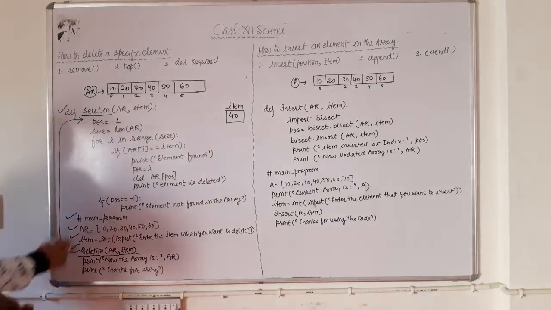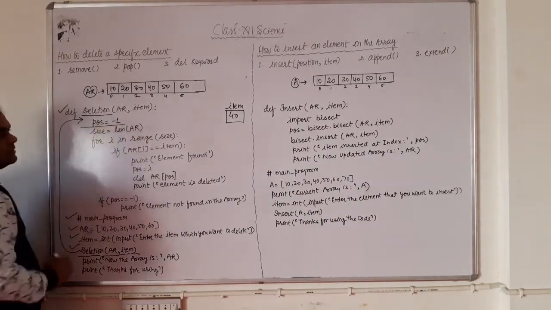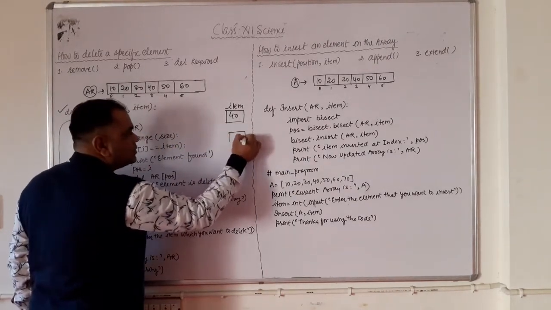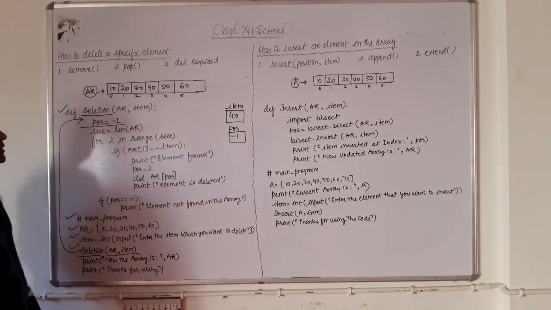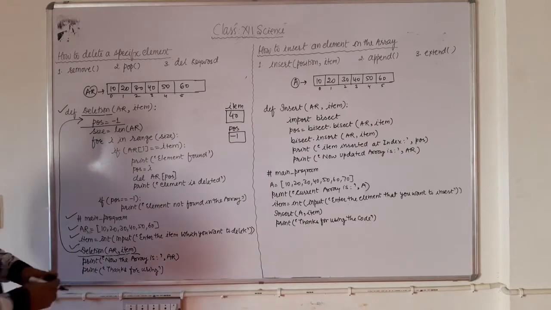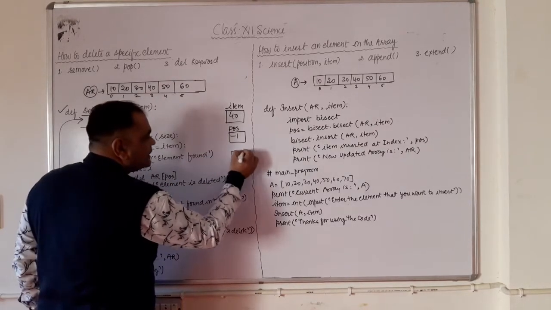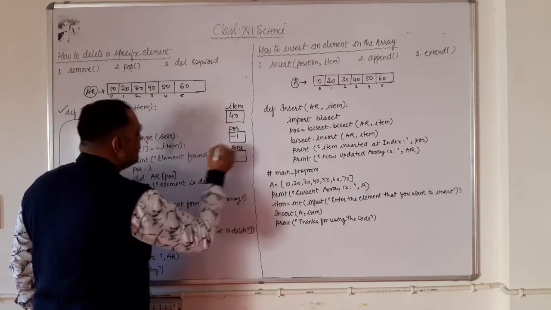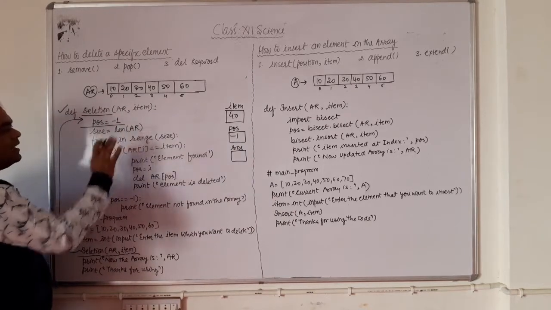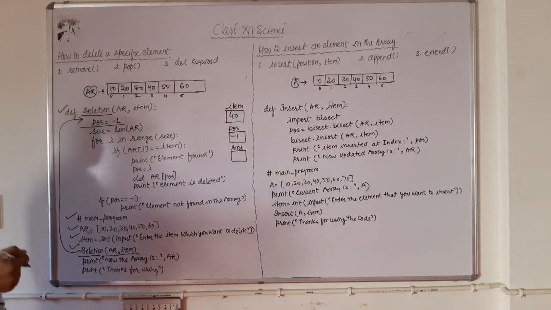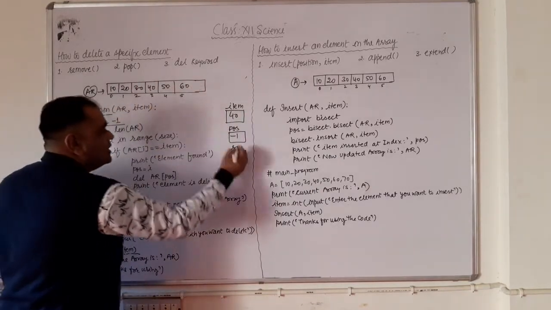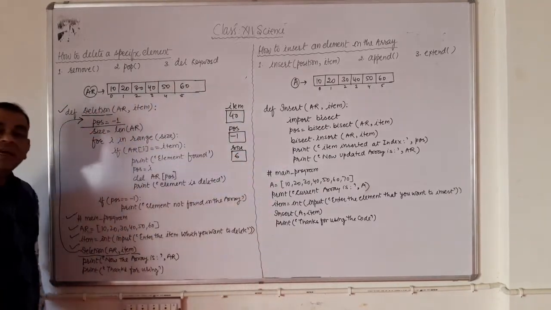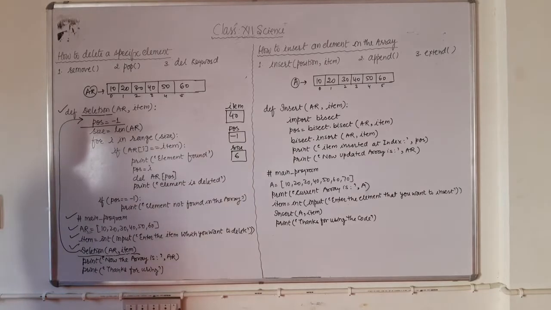Now just see, one position variable is created inside the function, POS, and the value is -1. Then the size variable is also created here. What is there inside the size? Length of AR. The computer is going to count the length of this AR array: 1, 2, 3, 4, 5, 6. 6 is there in the size variable.